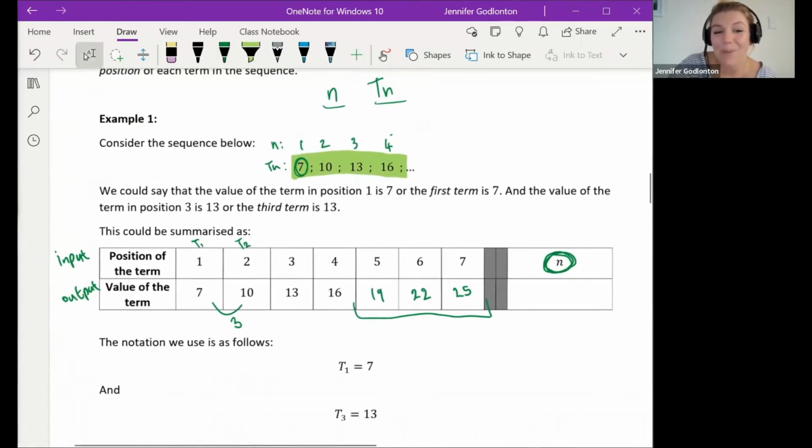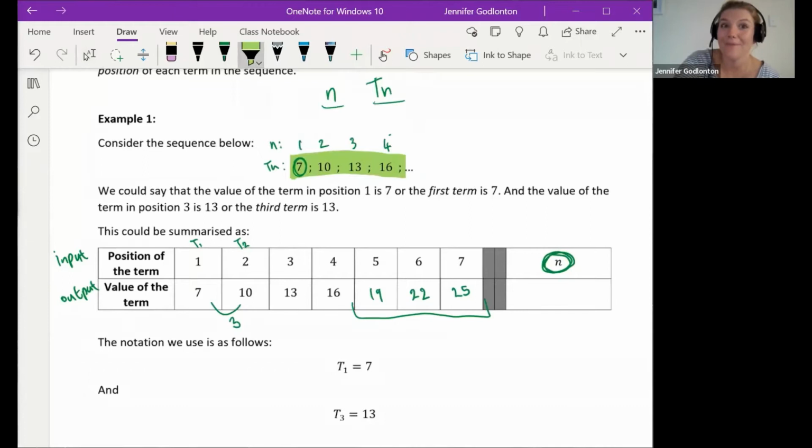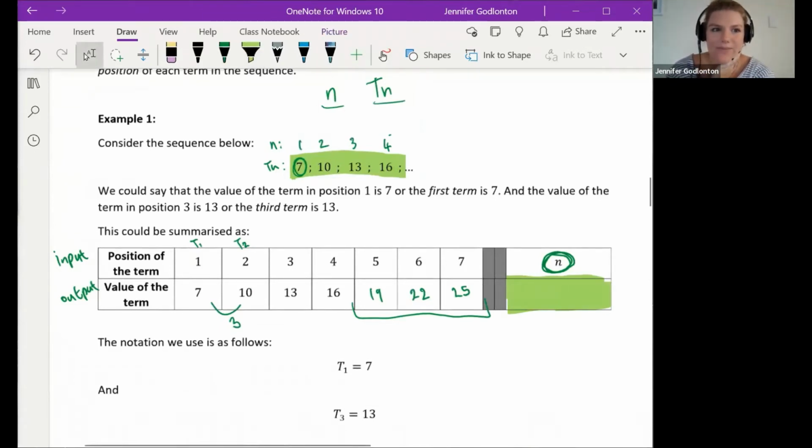Who thinks they can be brave? I'm very excited if someone ends up getting this right. Who feels brave and thinks they can tell me what's going to go in that big space over there? The rule. Okay, and what is that rule going to look like? Tn. I don't know. I forgot. It's a good start.